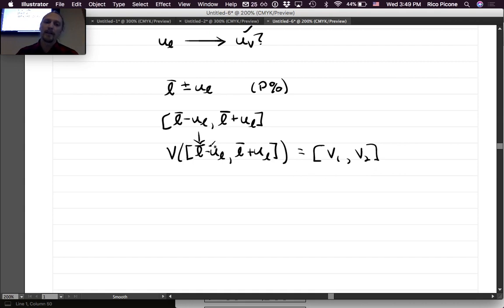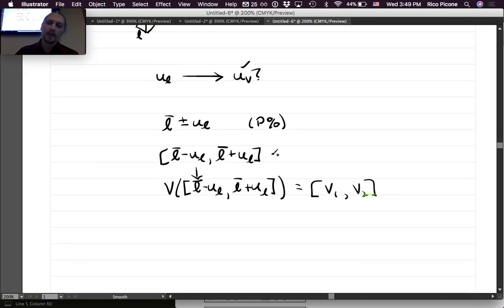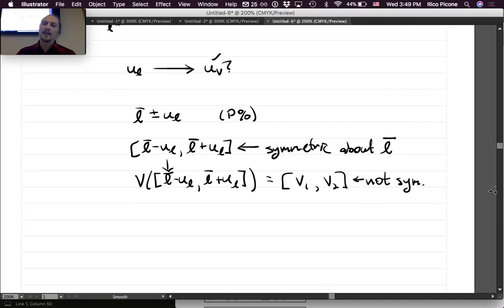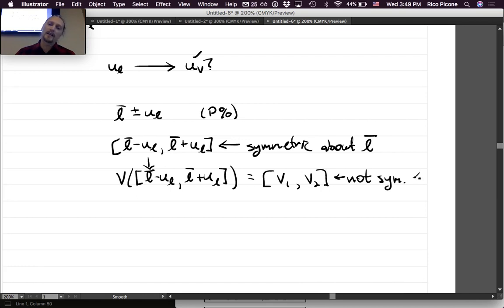The interval was symmetric about L. In general, this is not symmetric about its best estimate, which would be V of L bar. So it's not symmetric anymore.